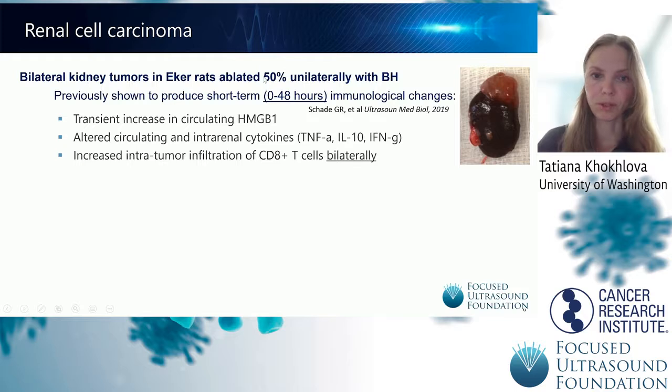And one of the tumors was partially ablated with boiling histotripsy, and we've shown that those processes that I illustrated earlier, the release of DAMPs, notably HMGB1, does occur within short term, and circulating and intrarenal pro-inflammatory and anti-inflammatory cytokines do get elevated transiently. And more importantly, intratumoral infiltration of CD8 T cells was observed bilaterally, so not only in the treated tumor, but also in the contralateral one.